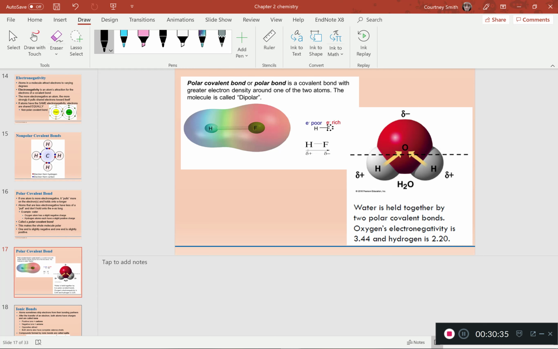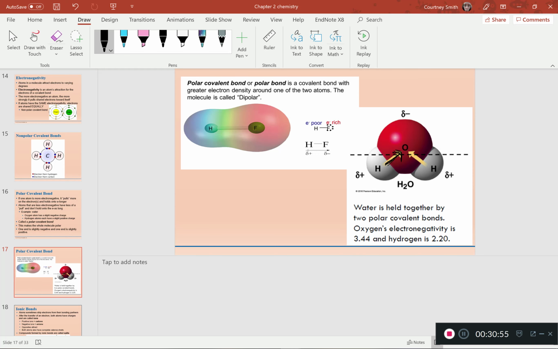It has a higher affinity for them. That's the reason for the pull towards the oxygen, and that is why it's a polar covalent bond: because of that slight pull of electrons, since oxygen is more electronegative.